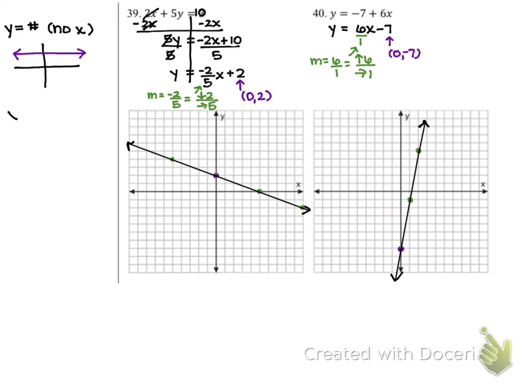Then if we have x equals some number, so there's no y, then it's going to be parallel to the y-axis. So just as a reminder, so some stuff from first term.